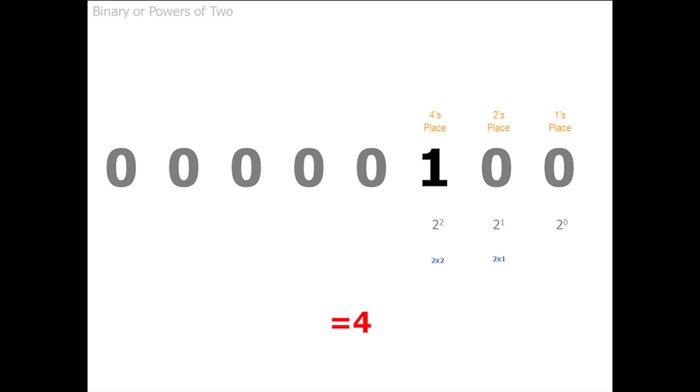Then you have the fours place. Notice here, it's multiplying every time you move over. So you have the ones place, the twos place, the fours place, 2 times 2. Then you have the eights place, which is 2 times 2 times 2. 2 to the third power is 8. Then you have the 16s place, 2 times 2 times 2 times 2.